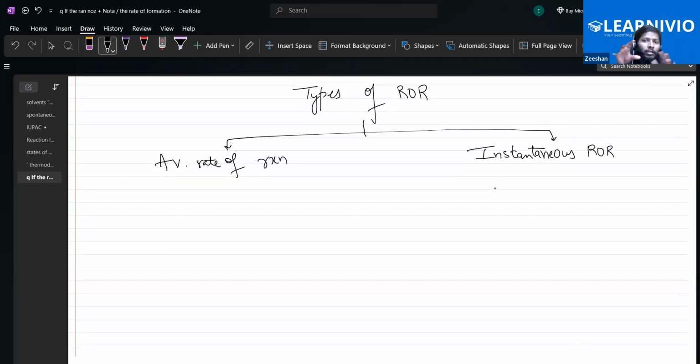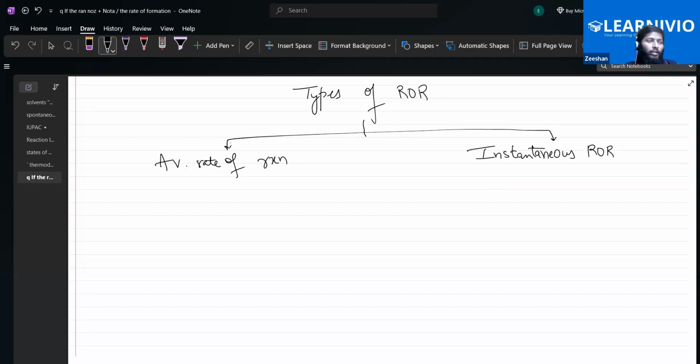Like instantaneous velocity and instantaneous acceleration in physics. At the exact moment of time, at that instant, from that word 'instant', the word instantaneous came.